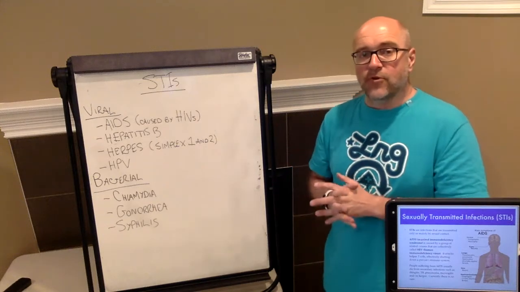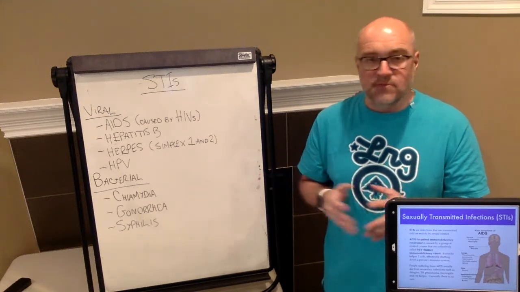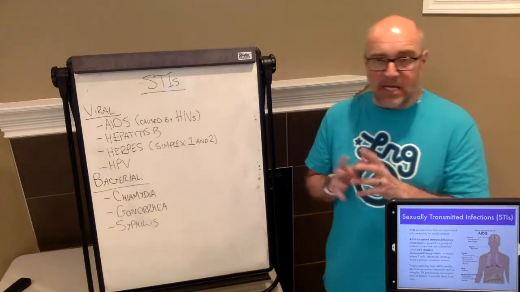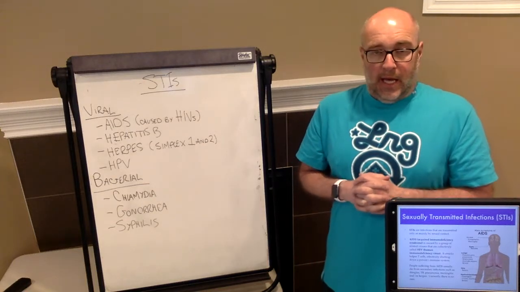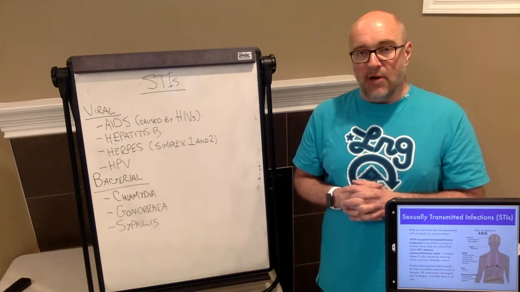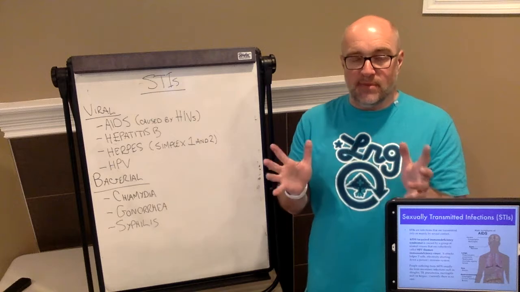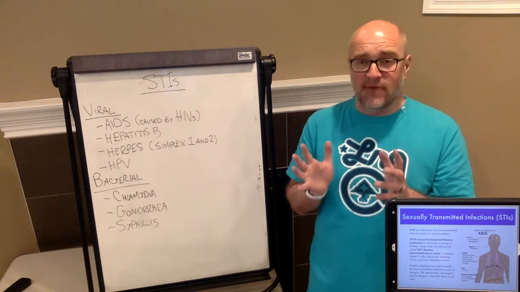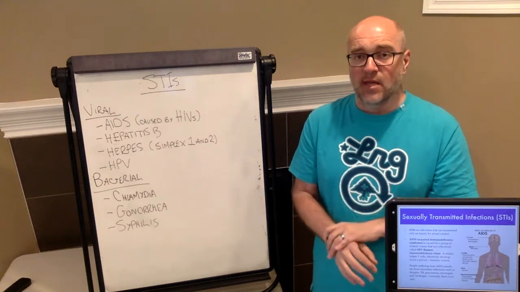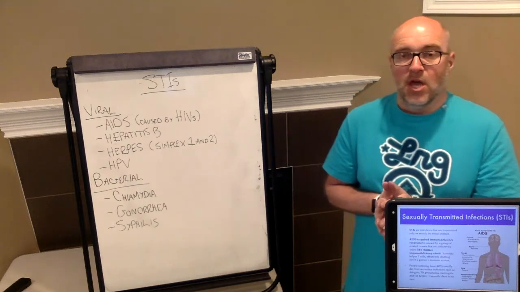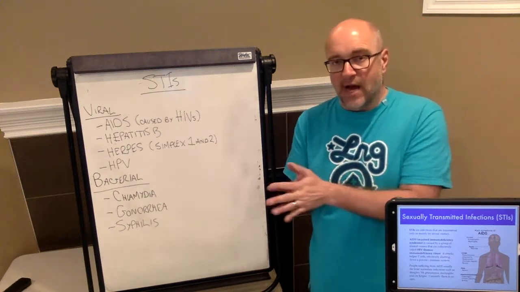Okay, the first one that I'll discuss is AIDS, which is acquired immunodeficiency syndrome. We talked about this last year in relation to the immune system unit in Bio 20, and this is basically where the immune system is shut down. The viruses that cause it are collectively called HIVs, human immunodeficiency viruses.